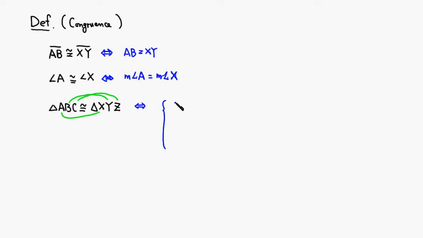So segment AB is congruent to segment XY, segment BC is congruent to segment YZ, and segment AC is congruent to segment XZ.